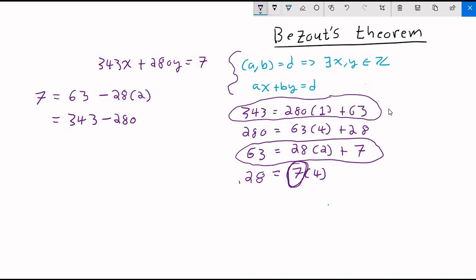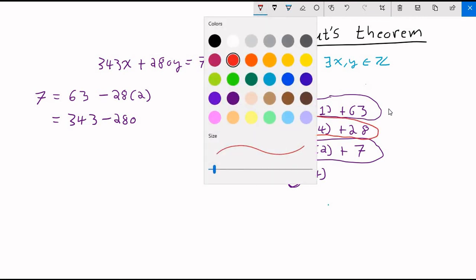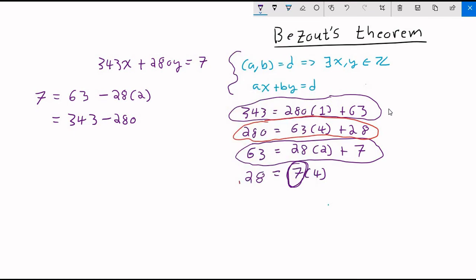Now 28, we see it's the remainder of the second equation that we have in our list. And so I can use this second equation to rewrite 28 as 280 subtract 63 multiplied by 4.